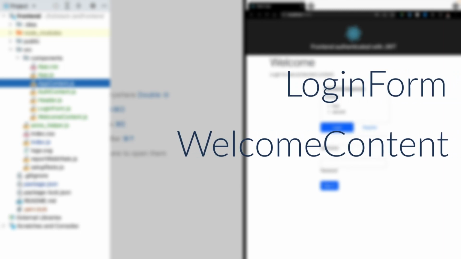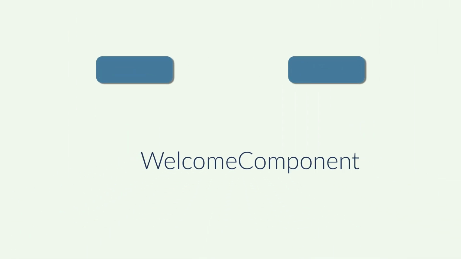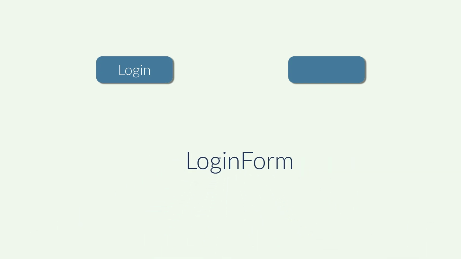I will now adapt my app content component to display the login form, the welcome message, or the protected message. I will create two buttons. By default, the welcome message will be displayed. When clicking on the login button, the login form will be displayed, and once logged in, I display the protected message.